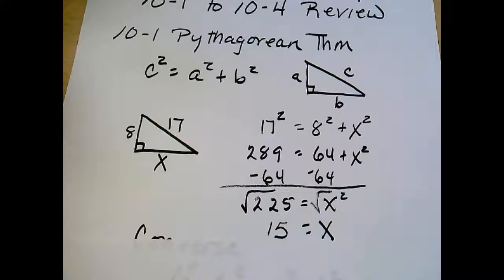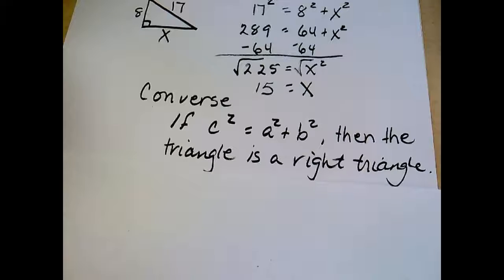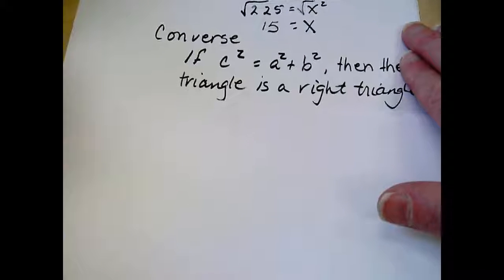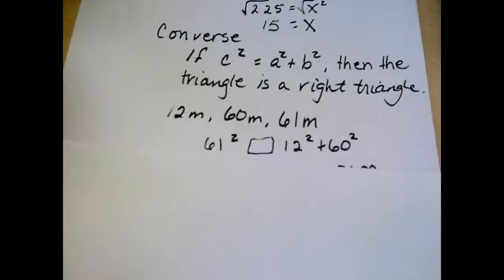In this section, they also always do the converse of the Pythagorean theorem. And the converse of the Pythagorean theorem says if c squared equals a squared plus b squared, then the triangle is a right triangle. So you're going to be doing the same thing in this section as you did before, but you're going to leave out the equal sign.